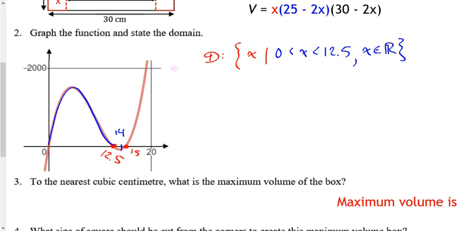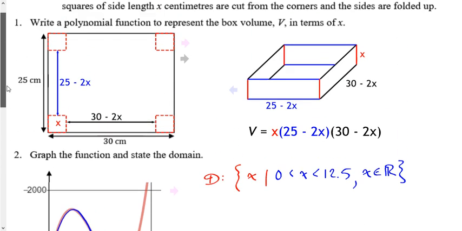Go ahead. So why are you putting in when you're not using the other side now? The left side or the right side? I'm not using the right side because once I get past 12.5, I'm cutting off more paper than I have. So if we look at this, and let's say it's this piece of paper here. There we go.